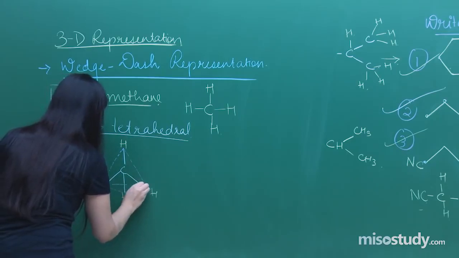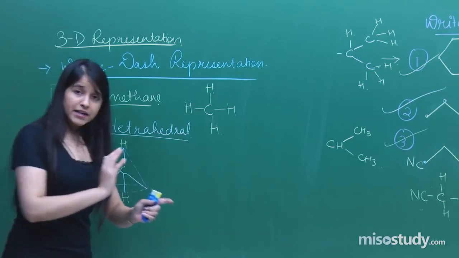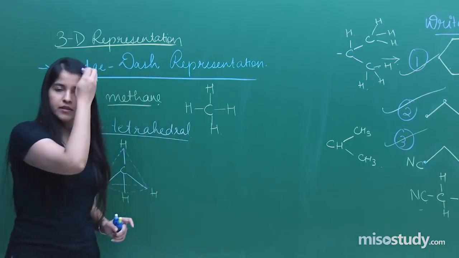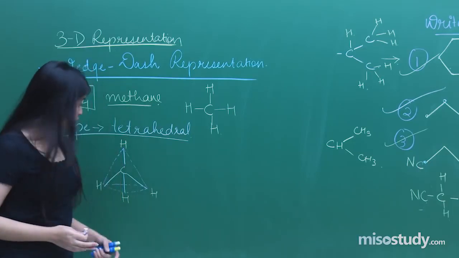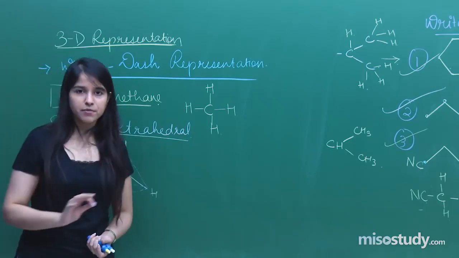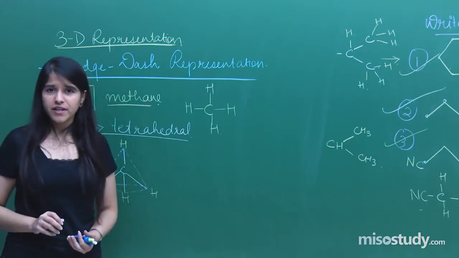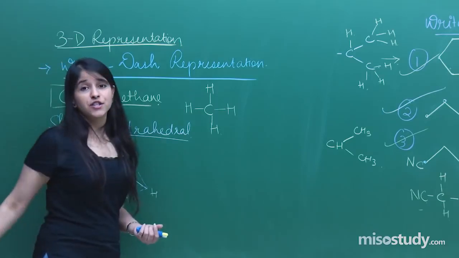So these dashes around these atoms represent a kind of 3D representation. But still, every time it is difficult to draw such pictures. So I need a simpler representation which must be 3D. So let us have that. It is known as the wedge dash representation.